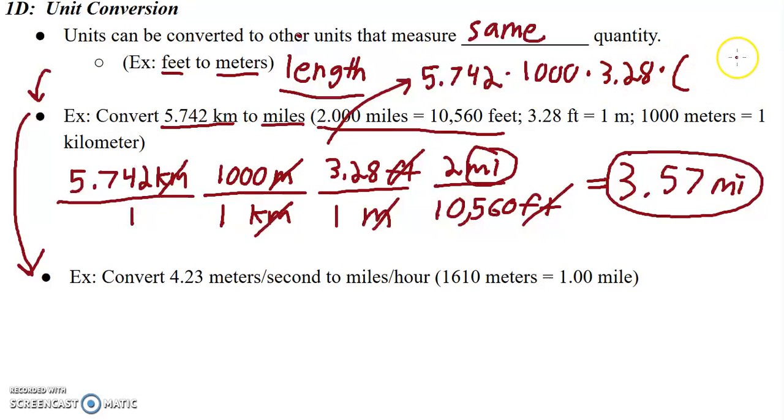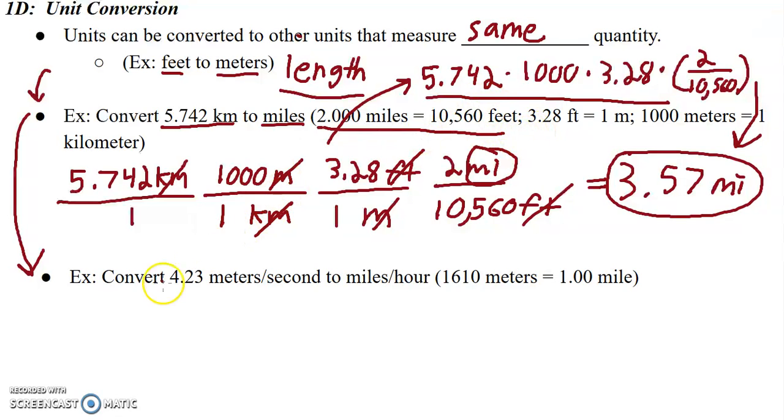You probably have to put in parentheses because it has a numerator and a non-1 denominator. So 2 over 10,560. Again, in case you're not getting the math out right when you set it up right, this would be a good way to go. Just punch every fraction in separately.